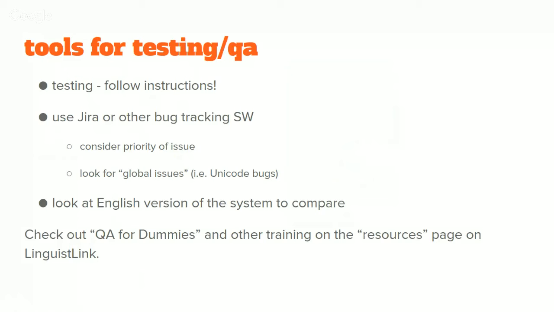And so obviously for those kinds of projects, it's really important to follow the instructions and be really familiar with them. Even if it's not the first time that you've done that testing, it's a good idea to reread the instructions because they might have changed slightly. So don't assume, make sure you're following those instructions properly.